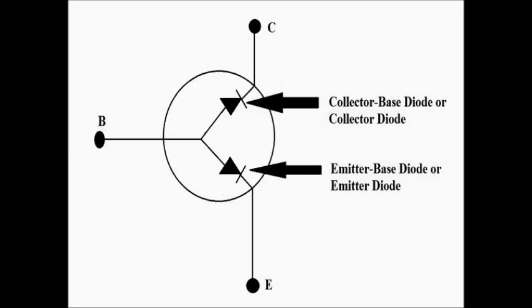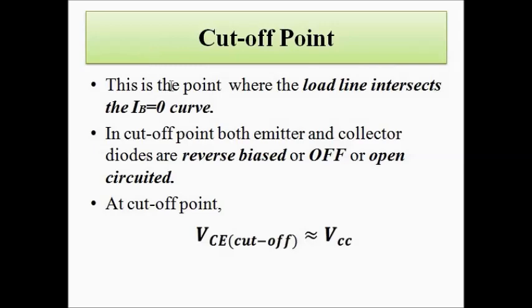Okay, now let us first discuss the cutoff point. For the time being, just ignore the first point and the third point. Focus on the second point. When do we reach the cutoff point, or when can we say that a BJT is in cutoff mode?